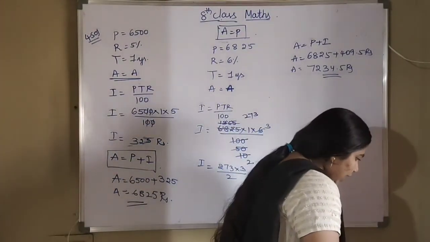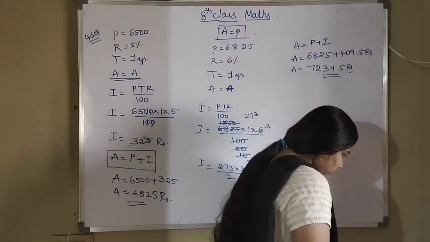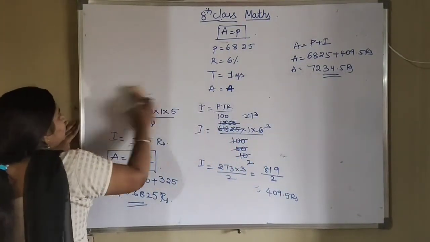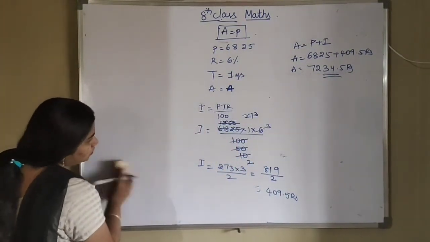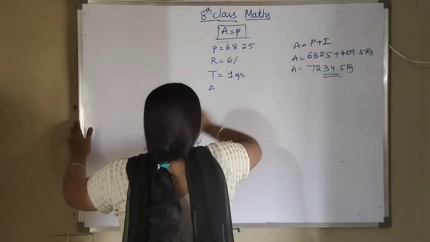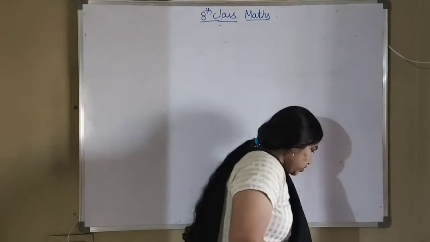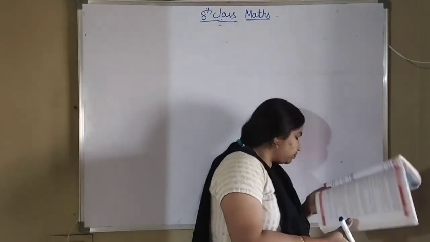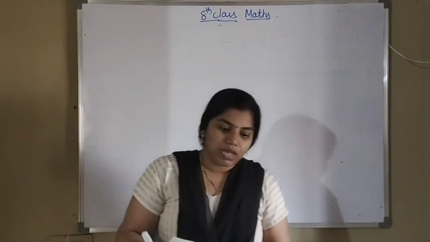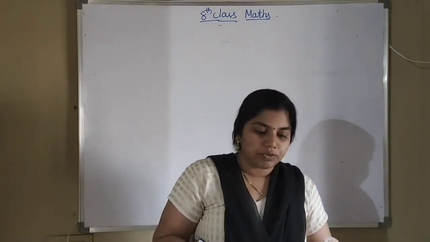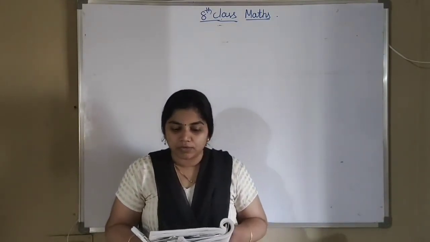Next is the fifth one. So what is the fifth one now? The fifth question is the same, in this order only we have to do. Prabhavati borrows 47,000 from a finance company to buy her first car.